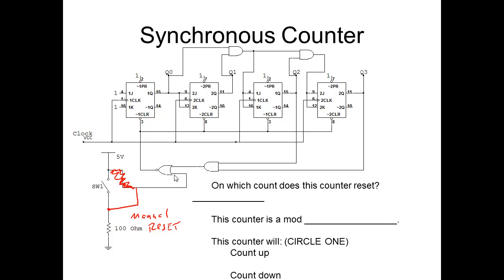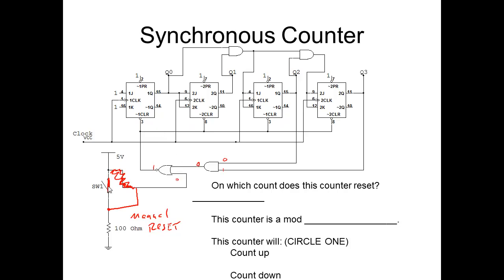So this works exactly the same as the other ones. The only thing I've added to it is this NOR gate, and the NAND gate became an AND gate. In normal operation this thing is going to be sitting here at ground, at 0, and this is probably going to be sitting here with a 0, 1, 0, 0, whatever. So that's going to be a 0. Two lows into an OR gate gives you a high. A high on all these clears does nothing at all.